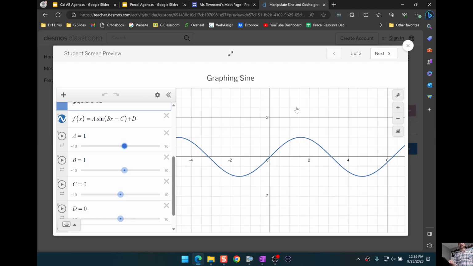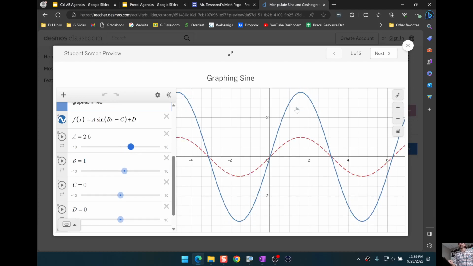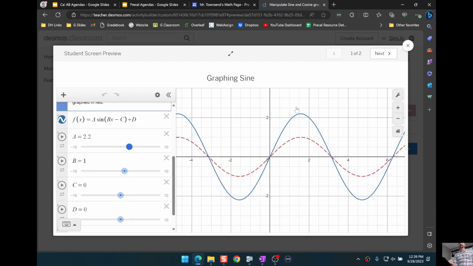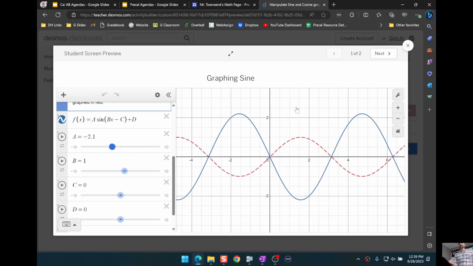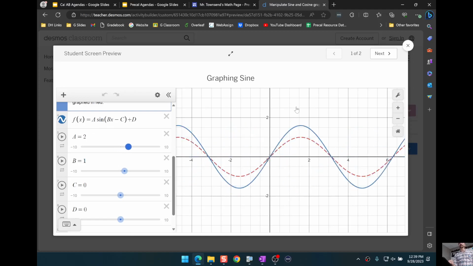So if I make this a value bigger, what's it going to do to the graph? Get up and down, bigger. Stretch. You see how that changes it? Or if it's less, it flips it. So it lets you kind of play with what happens as A changes, what part of the graph changes.